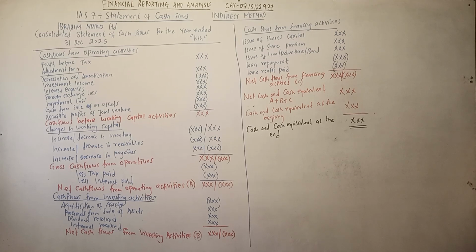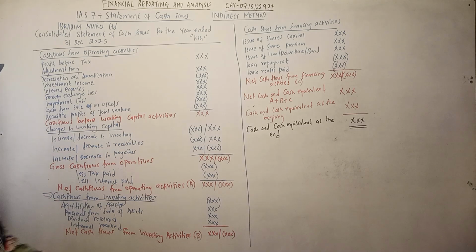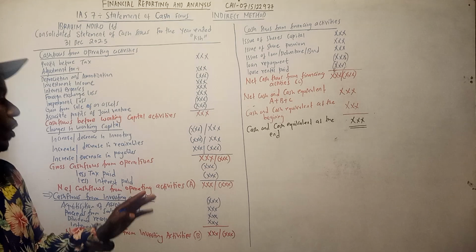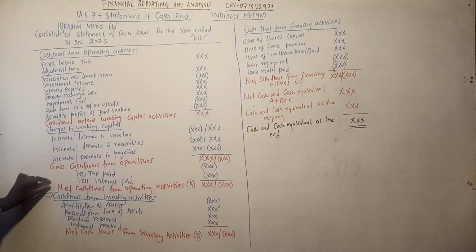And as I have said, the format will be the same for investing activities and financing activities. The only difference with the direct method is from this point, cash flow from operation, up to the net cash flow. So let us see how it is different.